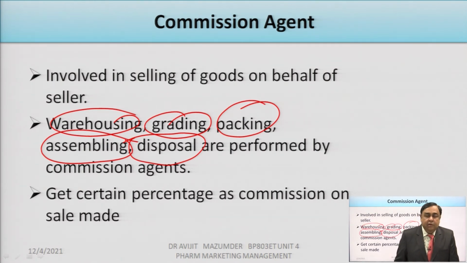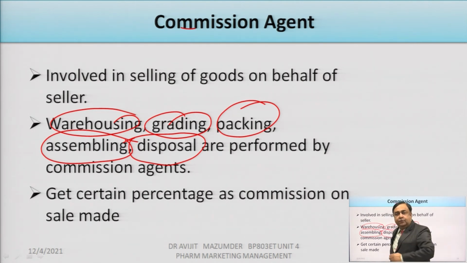And in return, whatever be the amount of sale made, they get a certain percentage of money as their commission, and from that only the name commission agent comes into picture. So, automatically, the amount which they will receive depends on how much sales revenue they earn, because they will be getting a certain proportion.